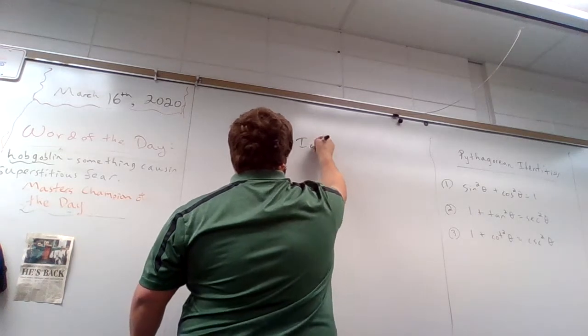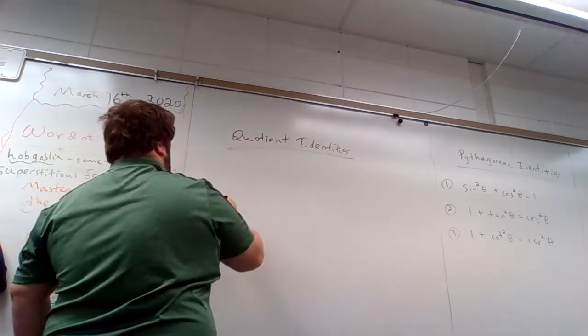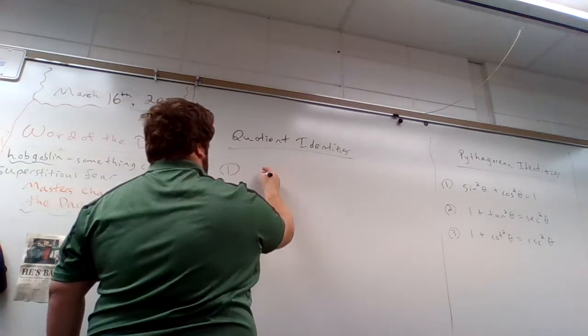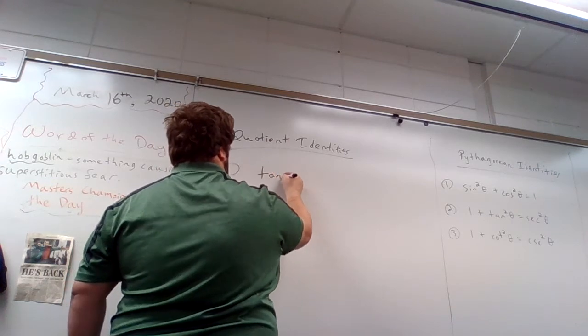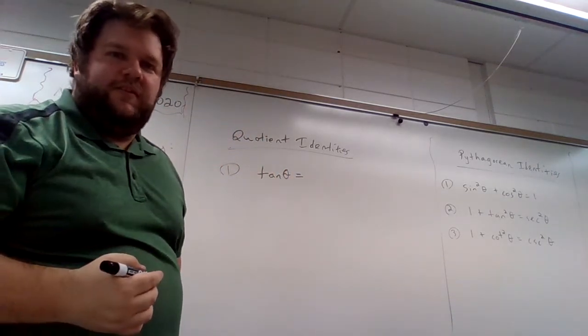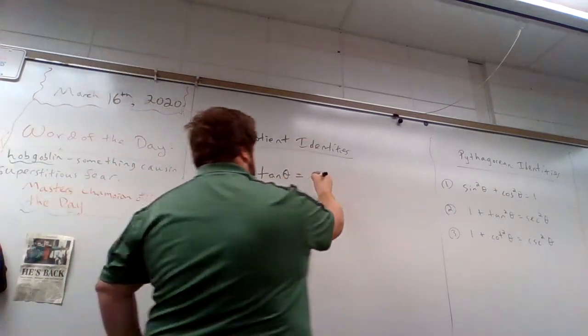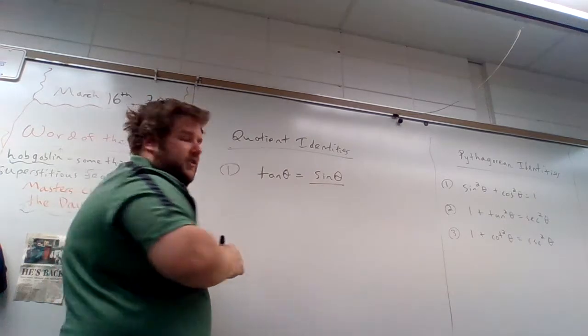I'll write this down, then we'll try to explain. So tangent of theta is actually equal to the sine of theta divided by the cosine.